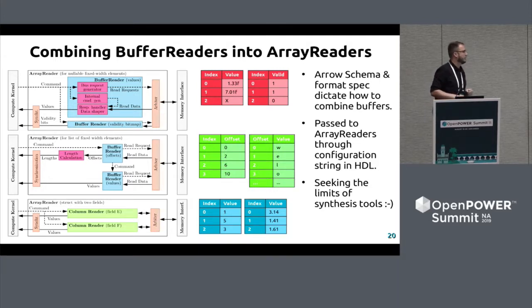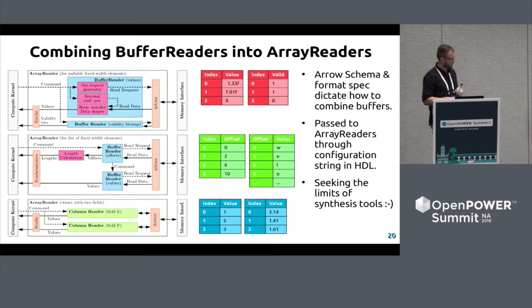We can support nullable floats, for example, by combining a buffer reader to read the values and a buffer reader for the other buffer that says if a value is valid or not. And then we can do structs, and we could do more, but I'm not going to show those. So combining all the buffer readers turns it into ArrayReaders. And so now we can support arrow arrays, right?